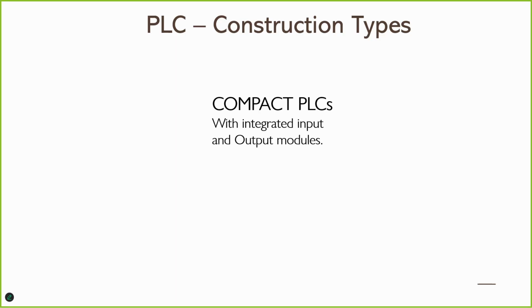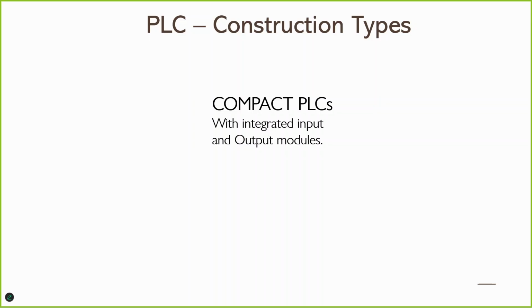Now, like I mentioned, there are different types of PLC constructions. A PLC comes in different physical forms. You can split the different physical forms into two or more, but here I'll talk about two, which might be interesting for you now. One of them is compact PLCs.